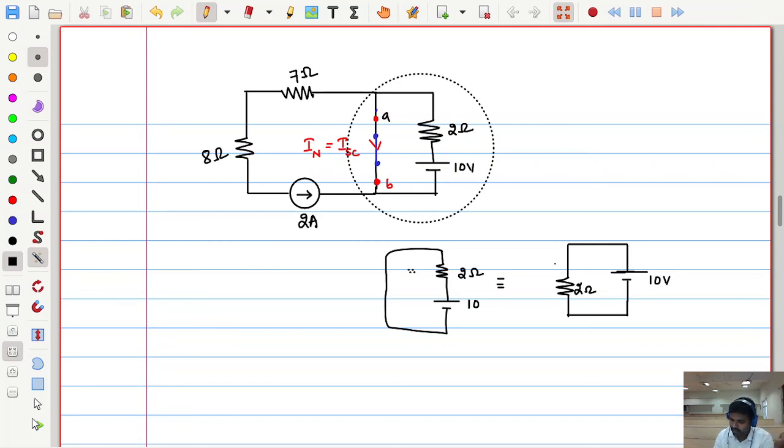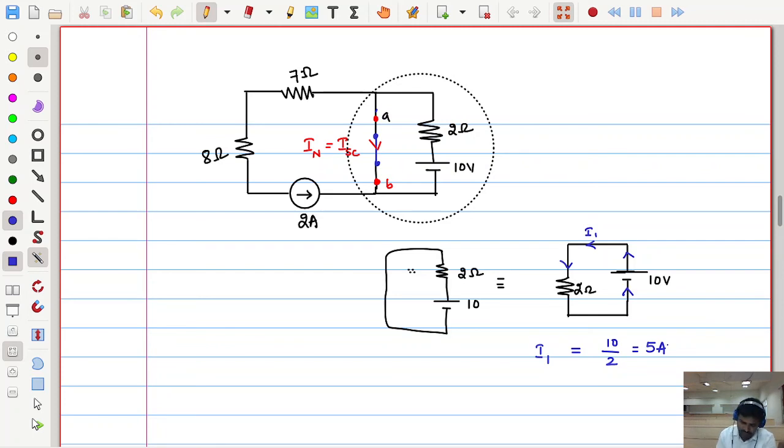Now how much will be the current through this 2 ohms? Because this is a source and this is a passive element, current will enter at the source negative terminal, come out of this and flow in this way. Let us say this is some I1. How much is I1? 10 by 2, which is equal to 5 amperes.